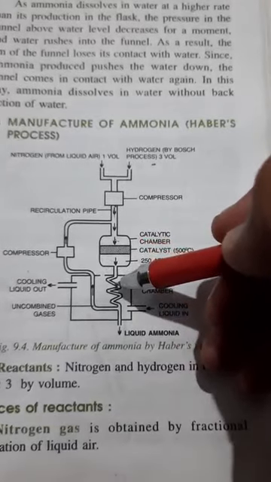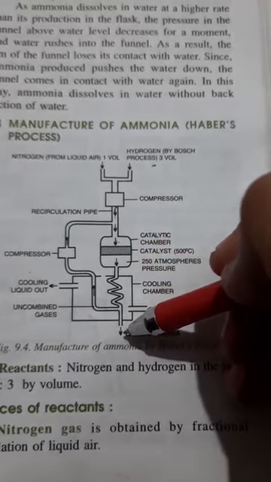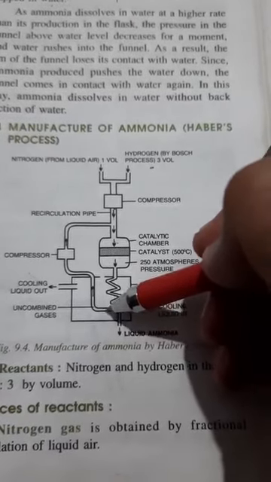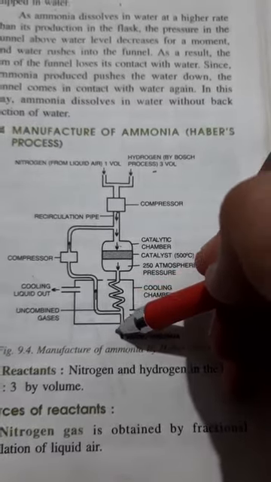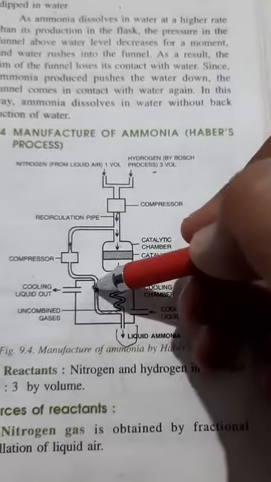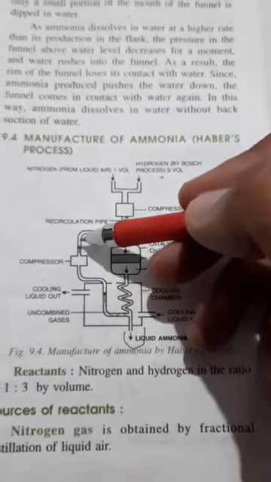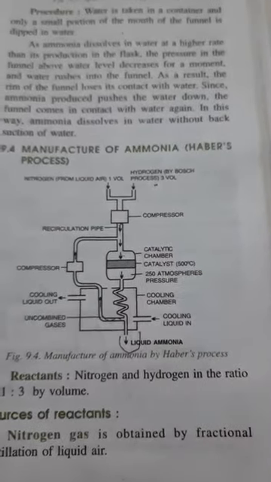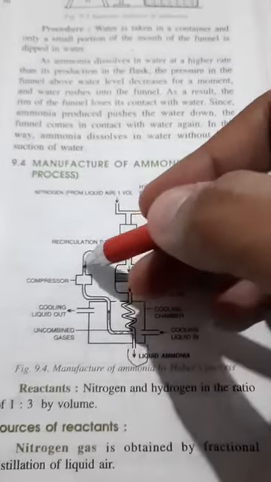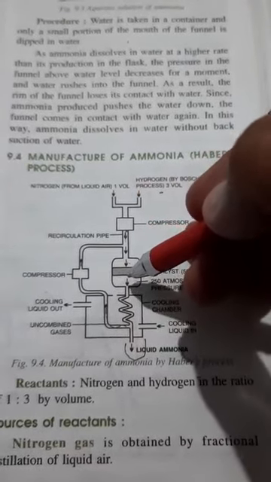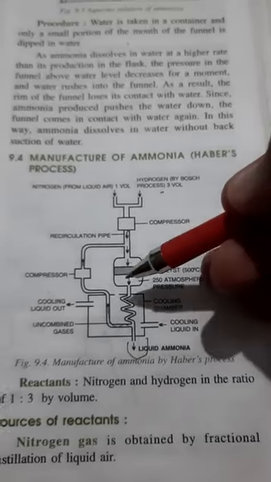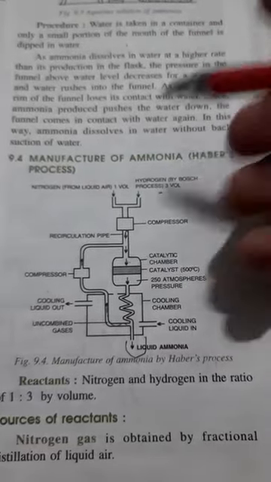Then it is taken to a cooling chamber and liquid ammonia is produced here. But remember, this liquid ammonia is generated and collected here, but much of the two gases moves backward. Why are they moving backward? Because I already told you, only 15% will change into liquid ammonia, the rest is recirculated and brought again into a container where 450 to 500 degrees Celsius temperature and around 200 atmospheric pressure is there, right?